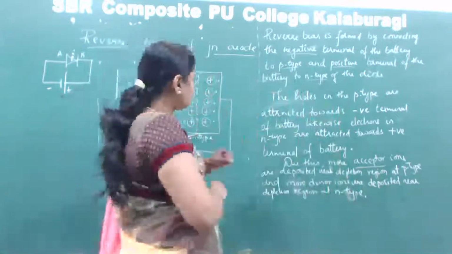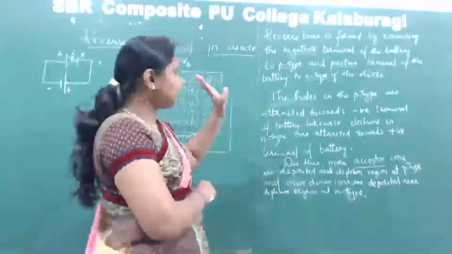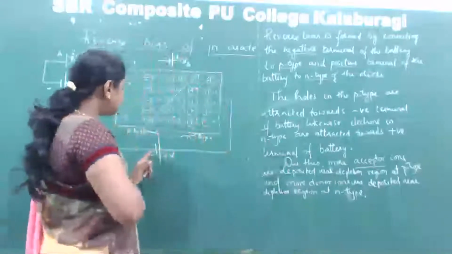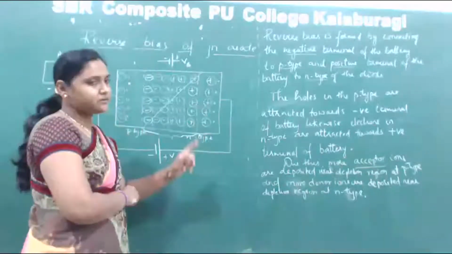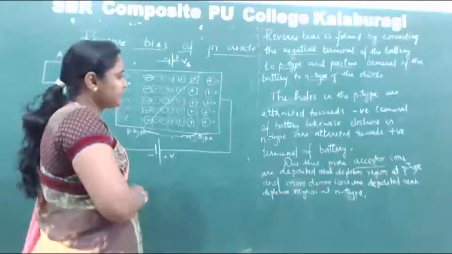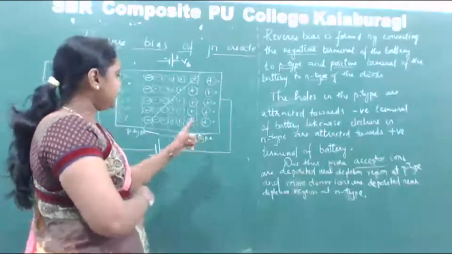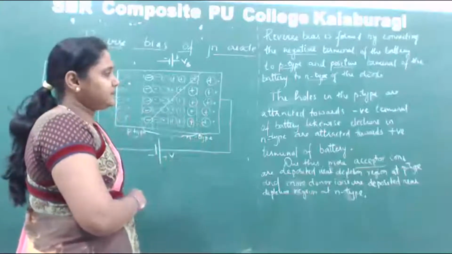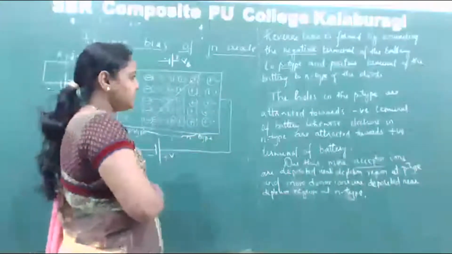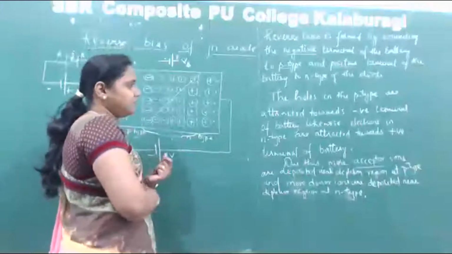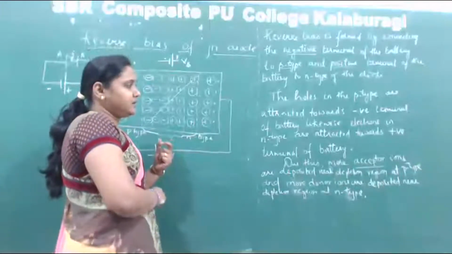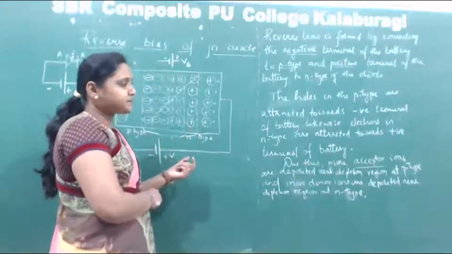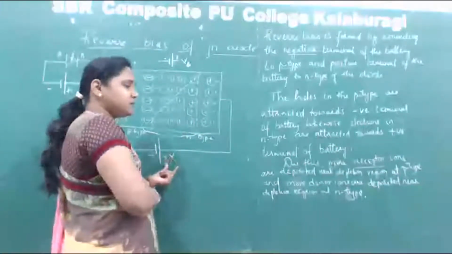So what is happening here? First of all, reverse bias means the negative terminal is connected to P type and the positive terminal is connected to N type. That means higher potential is connected to N type, lower potential is connected to P type. The holes in the P type are attracted towards the negative terminal of the battery, and electrons in the N type are attracted towards the positive terminal of the battery.